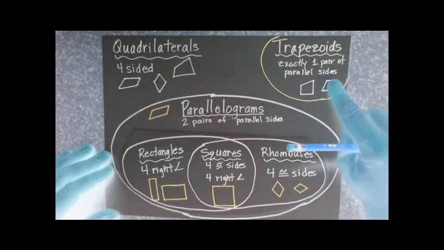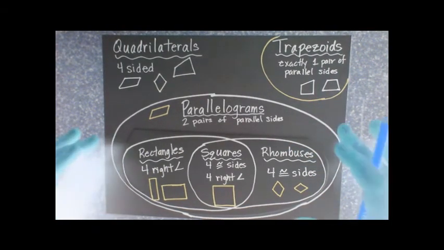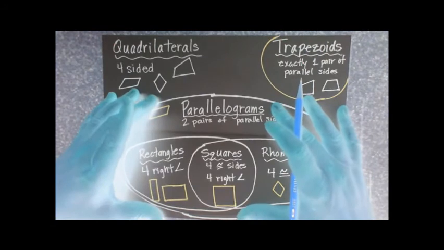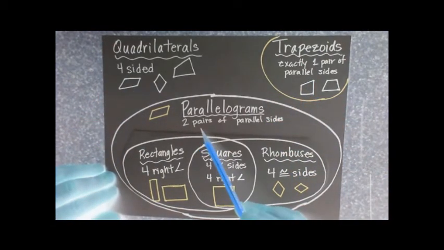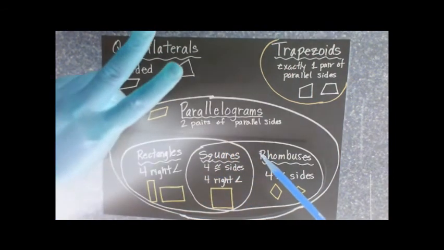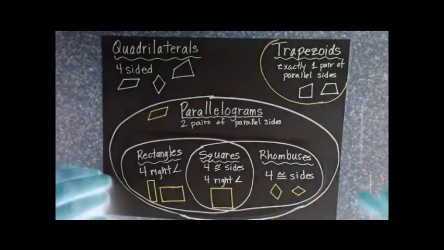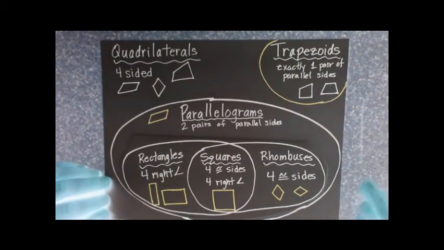So they have only 1 pair of parallel sides, which makes them different from the parallelograms that have two pairs of parallel sides. So all of the figures inside the parallelogram have two sets of parallel lines.